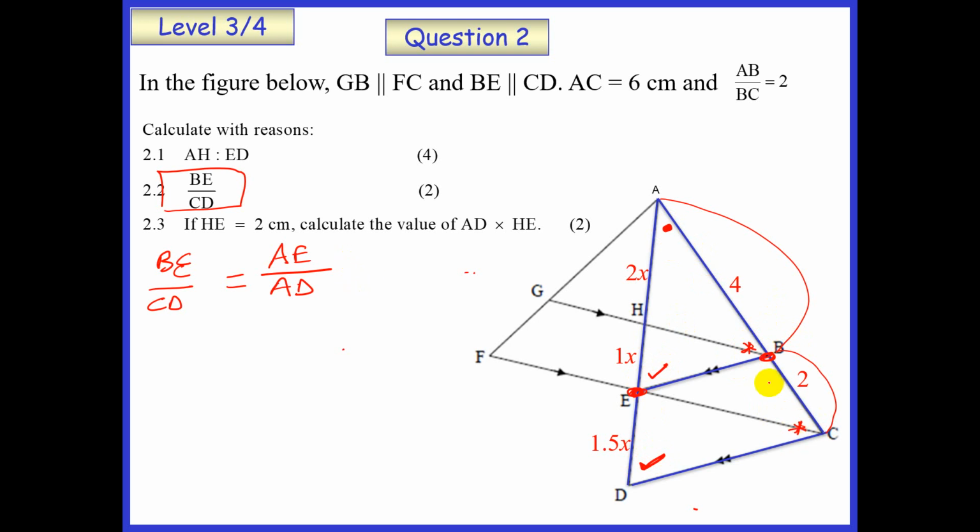So I could conclude that BE over CD is equal to AE over the entire side called AD, and I'm using similar triangles. And from here we can now replace the values.